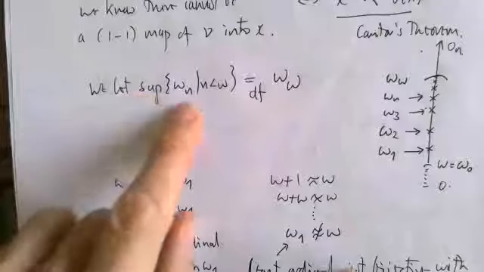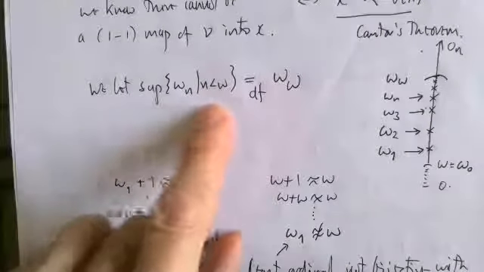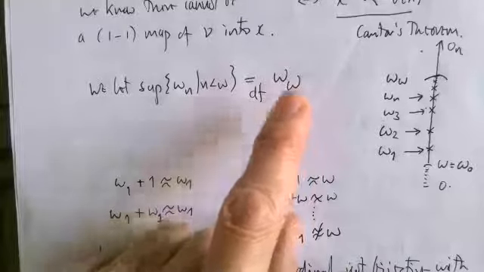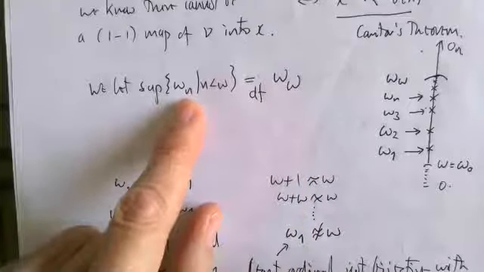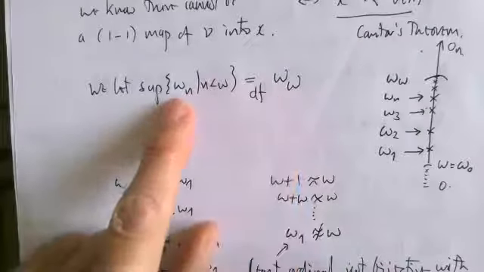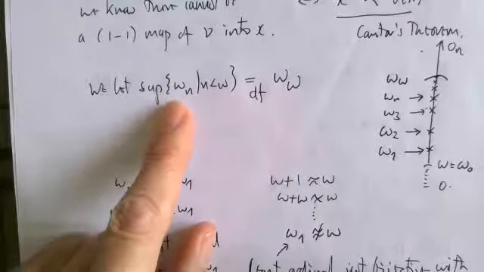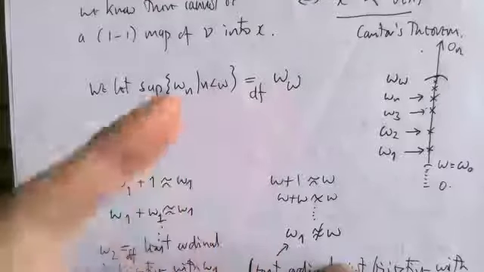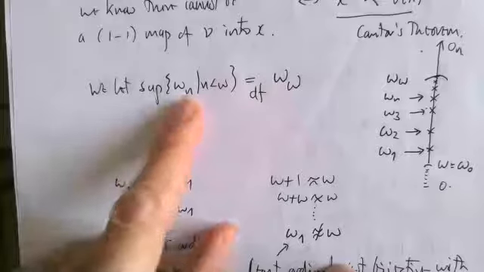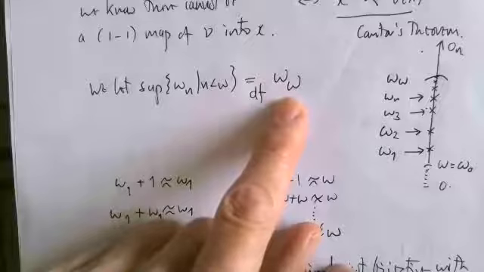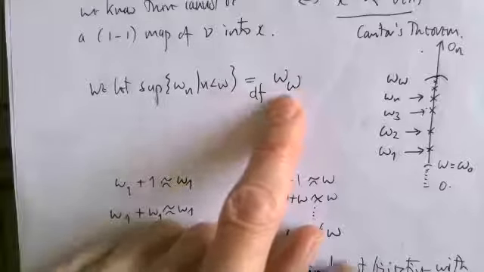It's the supremum of a set of cardinals, so by an exercise, it's a cardinal. It's the least cardinal bigger than all of these. So it's kind of like the continuous limit of the smaller cardinals here. Supremum just means the least ordinal bigger than all of those in the set. Well, it also happens to be a cardinal. So we'll enumerate it as the omega sub omegath cardinal.